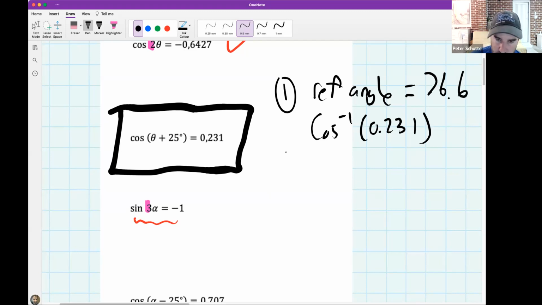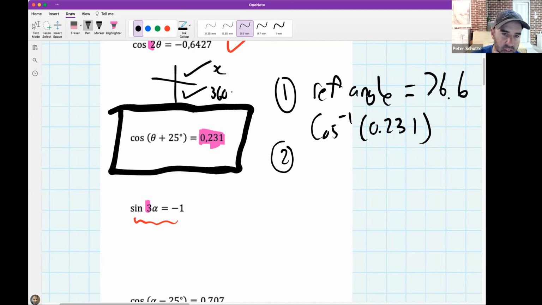Then I ask myself, in what quadrants is cos positive? Notice how this is a positive number. So I think cos, and no harm in doing a cos diagram, it's going to be here and here. So my answer is going to be, I'm in quadrant 1 and quadrant 4.